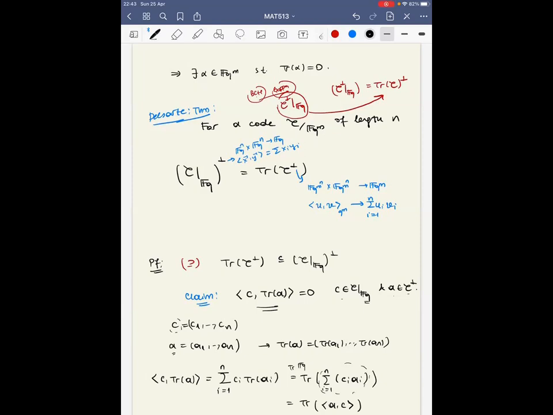Since we consider c from this intersection, c also belongs to C, and a is from C dual, this inner product is going to be 0, and the trace of 0 is 0. And this shows us the first inclusion.